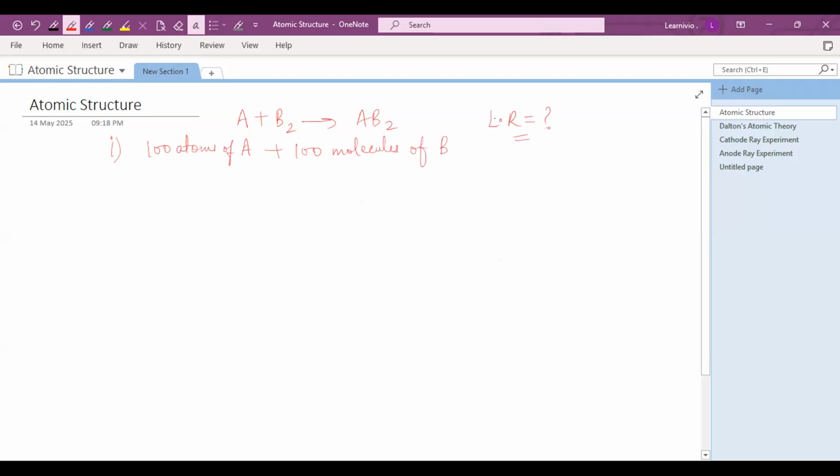Which one is the limiting reagent? Second part, when 2 moles of A are combining with 3 moles of B. Okay, in both the parts, tell me the limiting reagent.